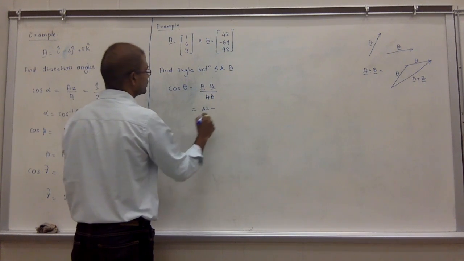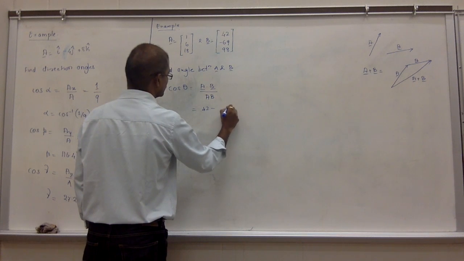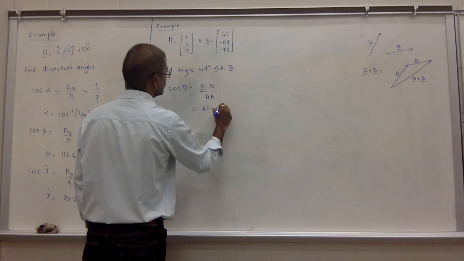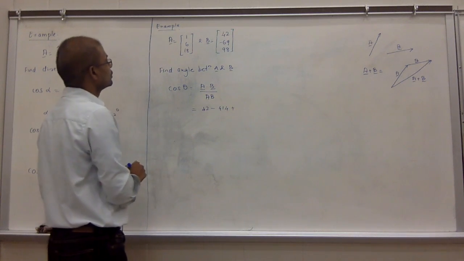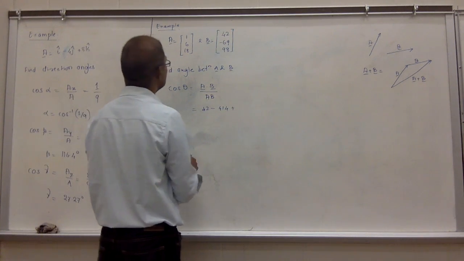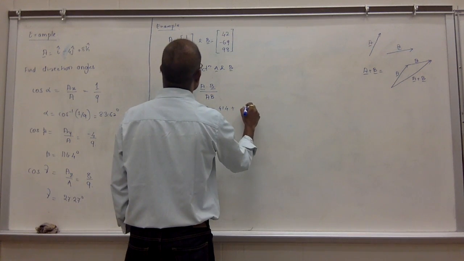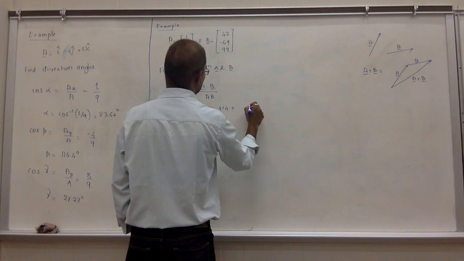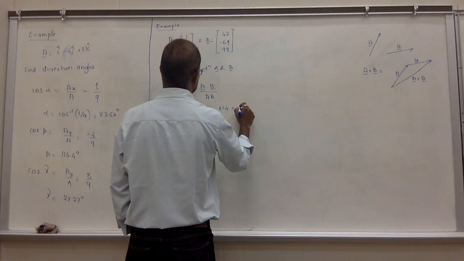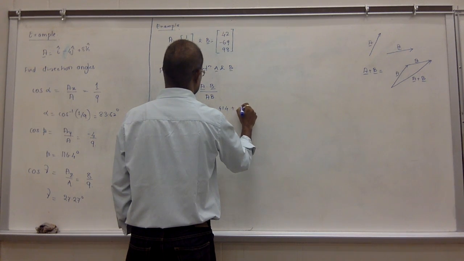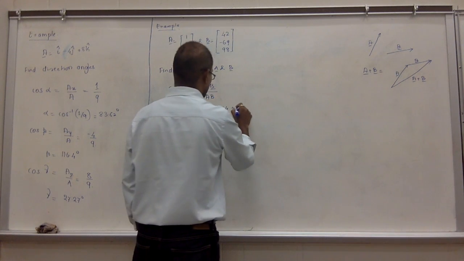How much is that? 414. How much is 18 into 8? 1764.